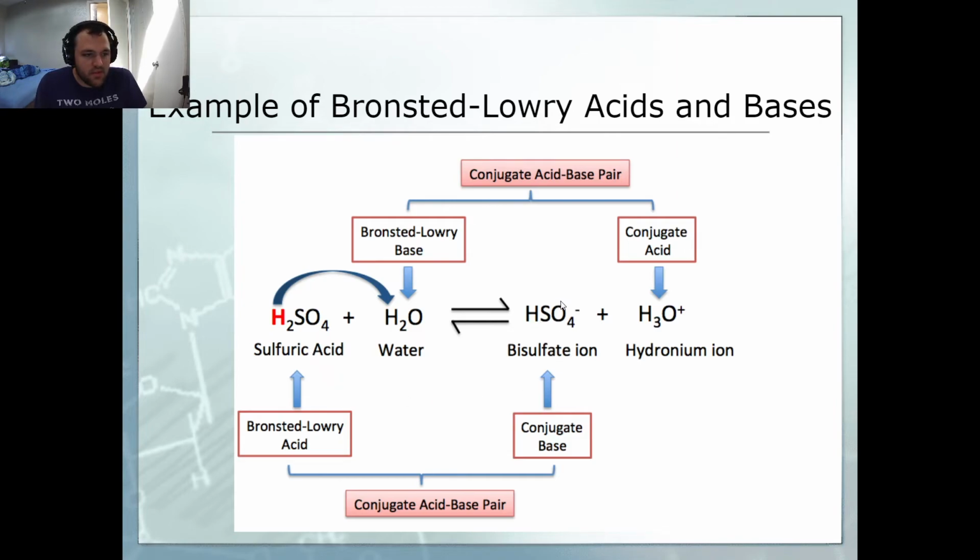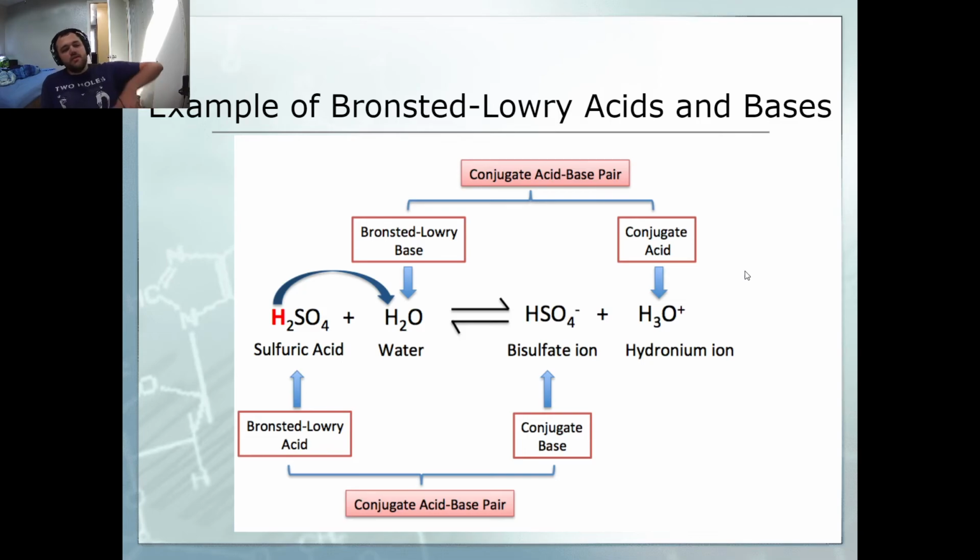So the HSO4 minus is the conjugate base. And then the H3O plus, after the water has accepted that proton, if it wanted to go back to water, it would have to give that proton away. So it's the conjugate acid. Basically, whatever was the Bronsted-Lowry acid, its counterpart on the other side is the conjugate base. And whatever was the Bronsted-Lowry base, its counterpart on the other side is the conjugate acid. And we call that combination of the two things a conjugate acid-base pair.